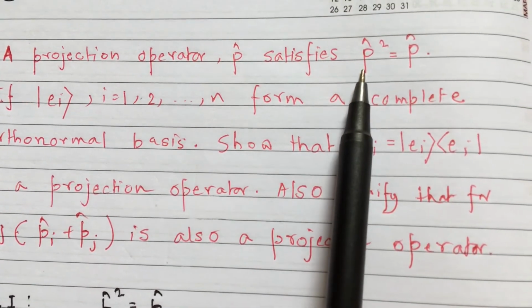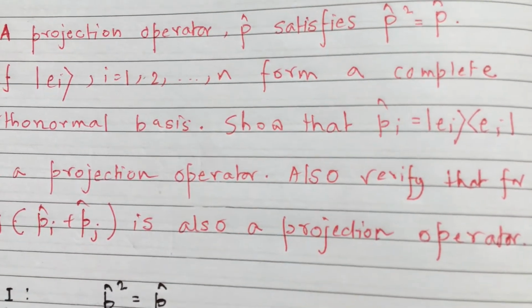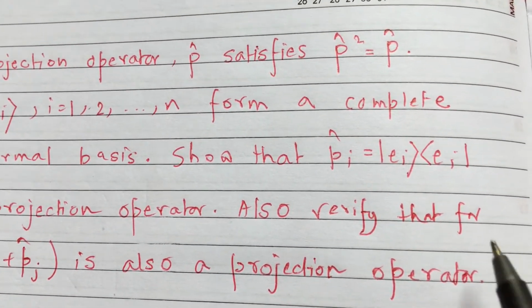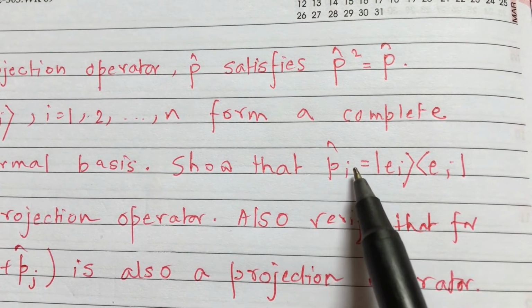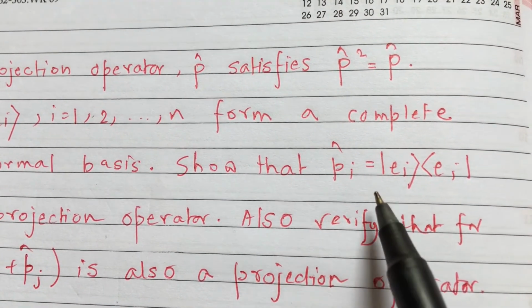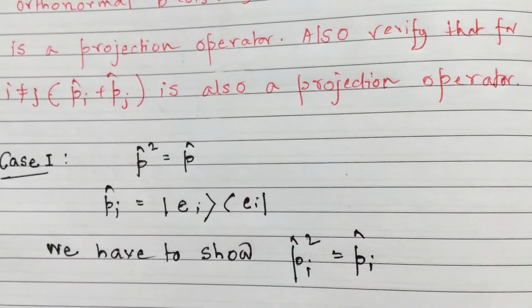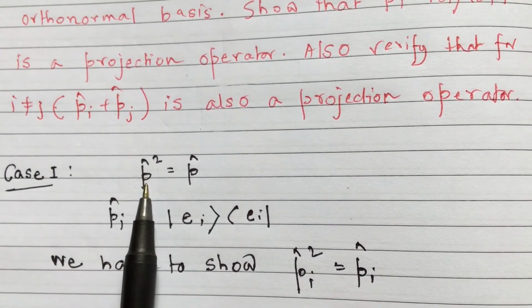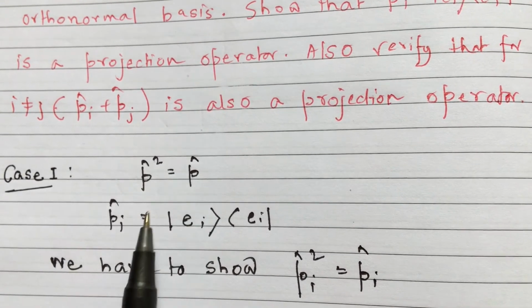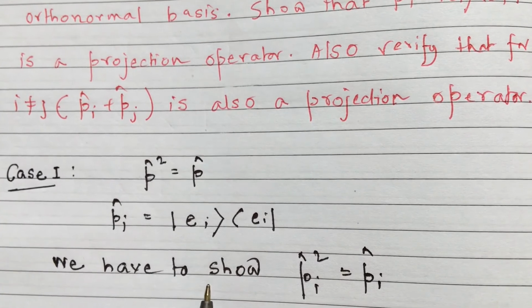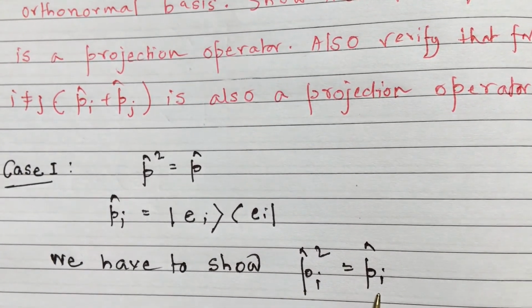Now this is the property of this projection operator for this problem, that P square equal to P, which means if I need to show that Pi is a projection operator, then I need to show Pi square equal to Pi. So for case 1, I am utilizing the property of the projection operator and the definition of the projection operator given in the problem to show that Pi is also a projection operator.